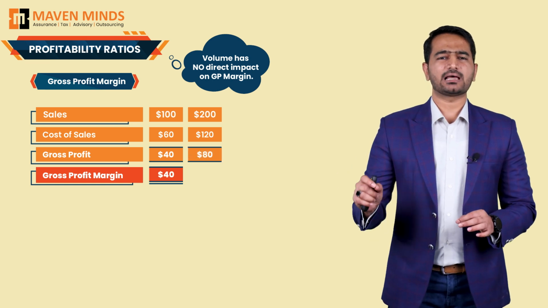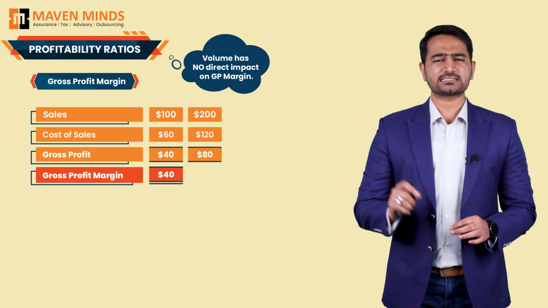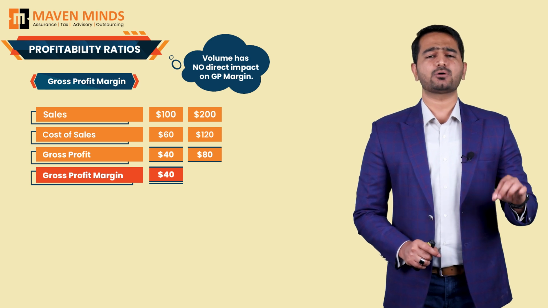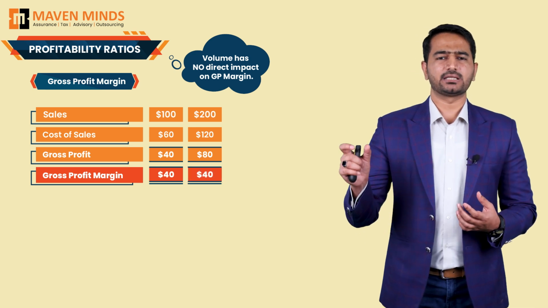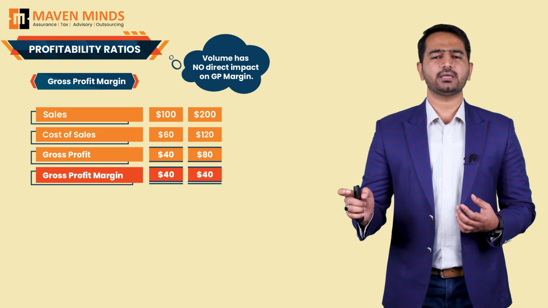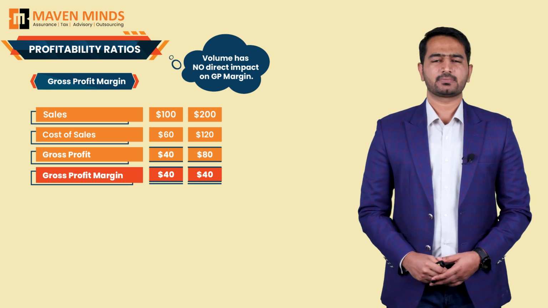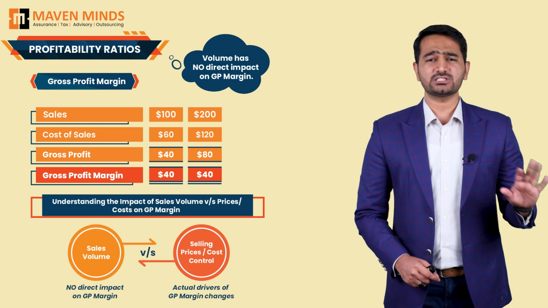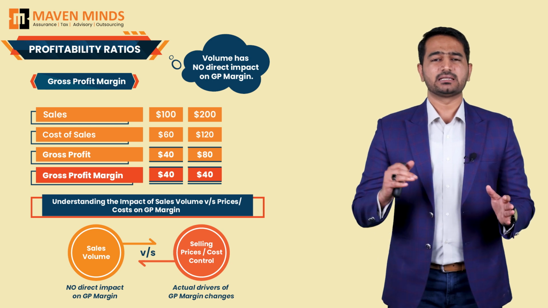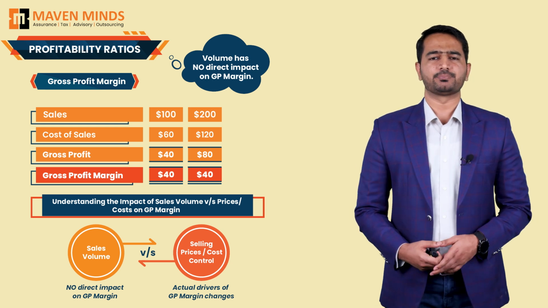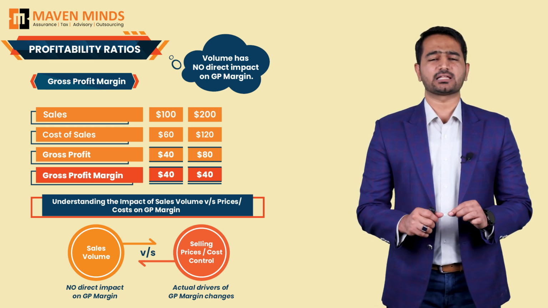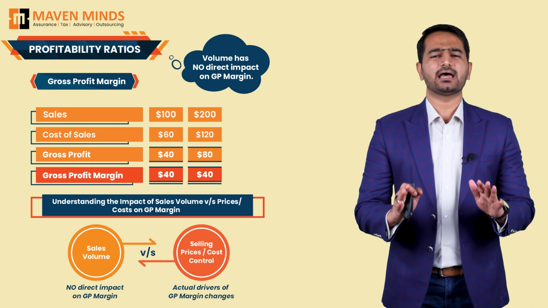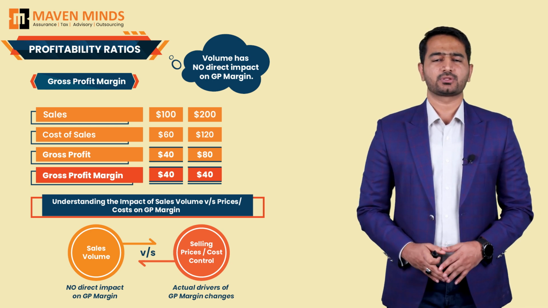However, when you calculate the gross profit margin in this case, it still comes out to be 40%. 80 divided by 200 multiplied by 100. This demonstrates that the GP margin remains unchanged at 40% despite the increase in volume. This example shows that volume does not inherently affect the GP margin.